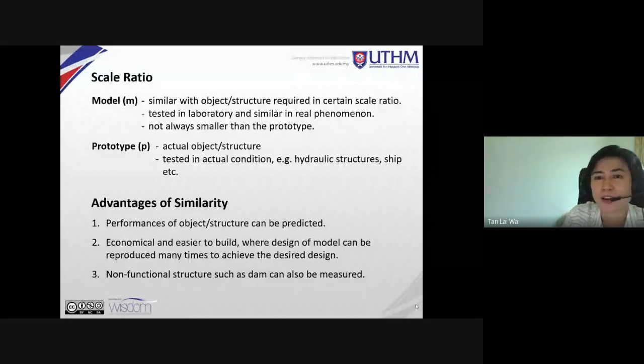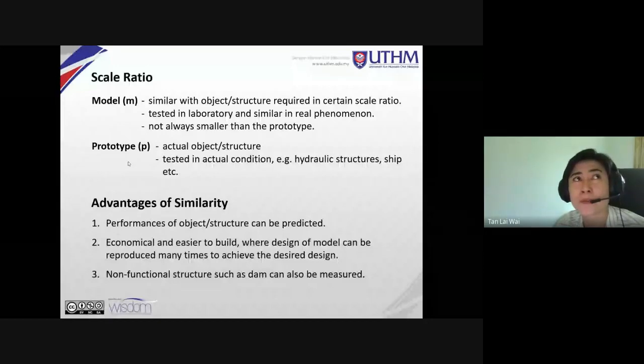What is prototype? Prototype is actually the actual machine, or normally you build a prototype when you first want to build something. It's the actual object or structure, basically.